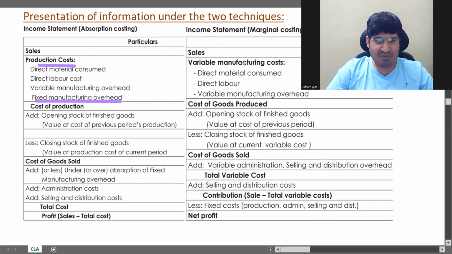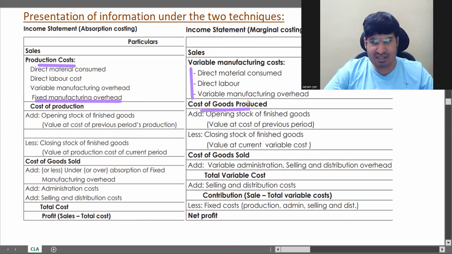Whereas in marginal costing, you first put all variable costs, and that's how you get cost of production. In absorption costing, you also add fixed manufacturing overhead. So that is the difference here.